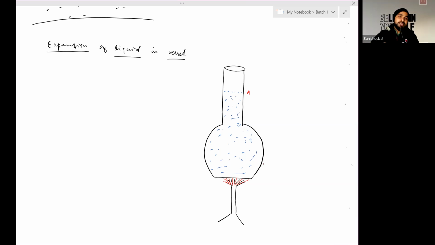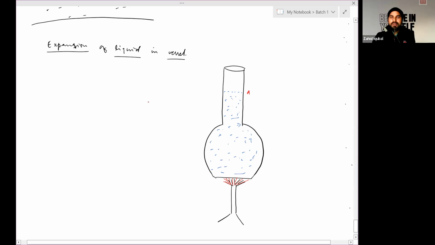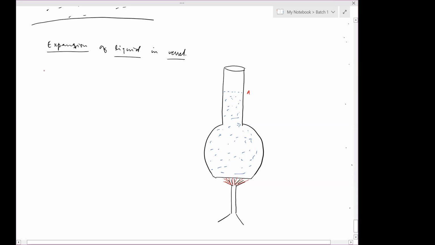Good. So initially, since heat is being absorbed by the vessel, it expands first. So the level of liquid decreases and then increases. Khalid, is it clear? Yes, sir.